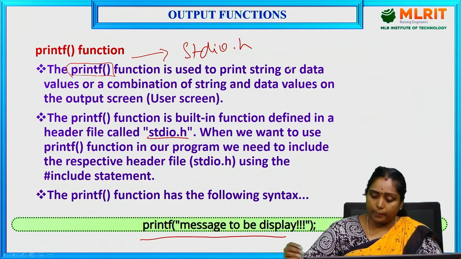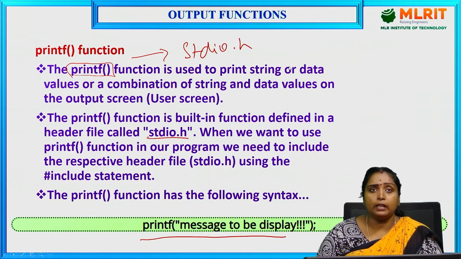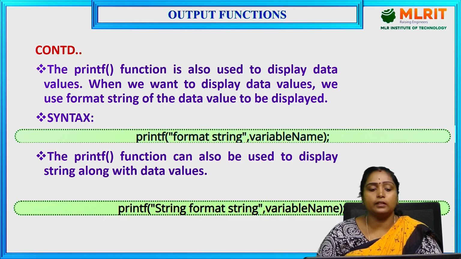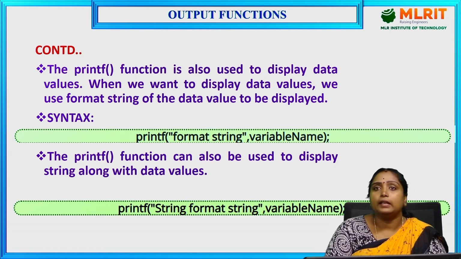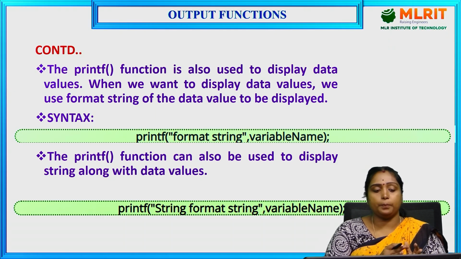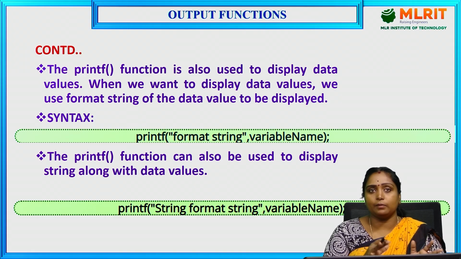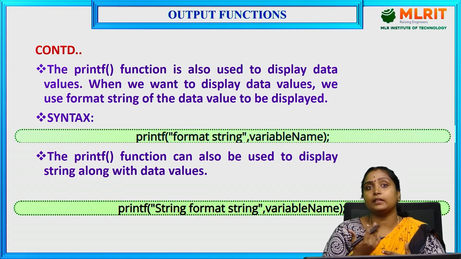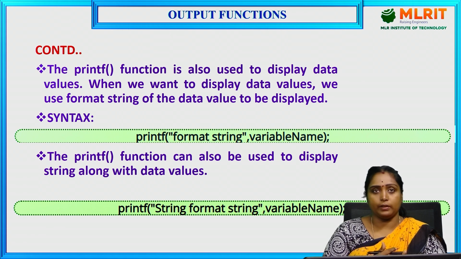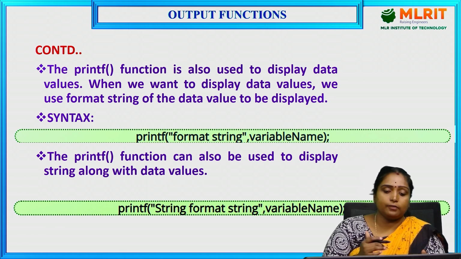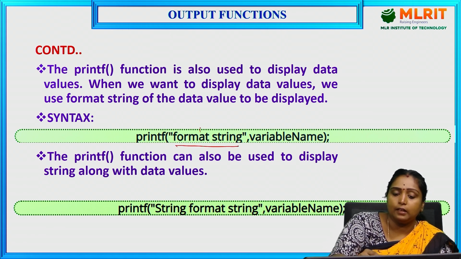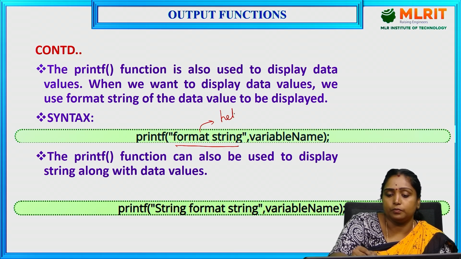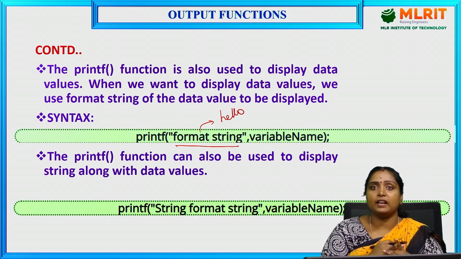And in the printf statement, there are many things you have to learn. The second one is, in order to print something as a mirror image, you are going to use double quotations. If I want to display the value of a variable, we are going to use the formatted strings. If you use hello, that would be printed as it is on the screen.